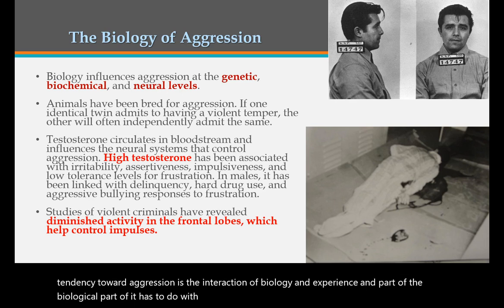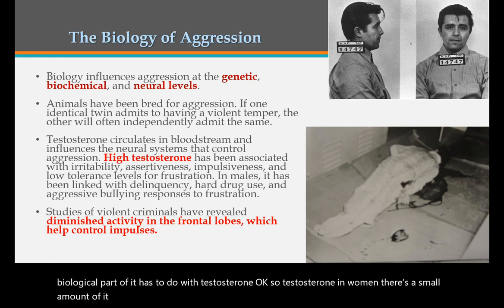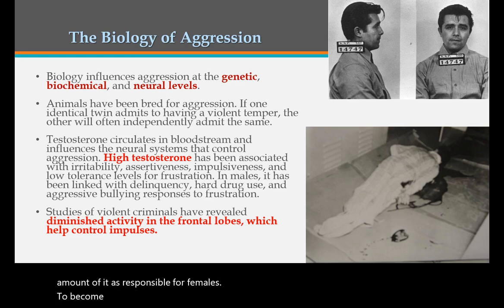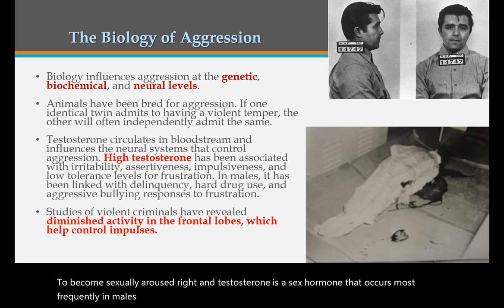Okay, so testosterone in women, there's a small amount of it, is responsible for females becoming sexually aroused, right? Testosterone is a sex hormone that occurs most frequently in biological males, right? But testosterone can cause aggression, and it does.